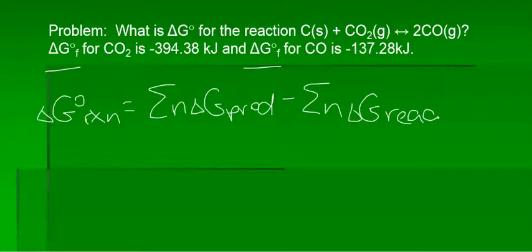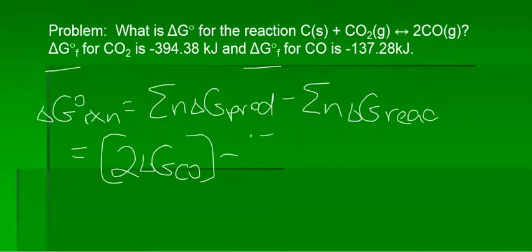We use this for enthalpy. We can use it here for Gibbs free energy. So for the products, we're going to take 2 times the delta G of CO minus delta G of carbon plus the delta G of formation for CO2.